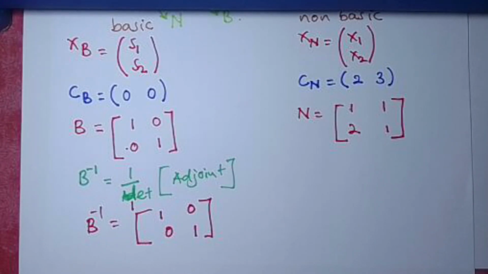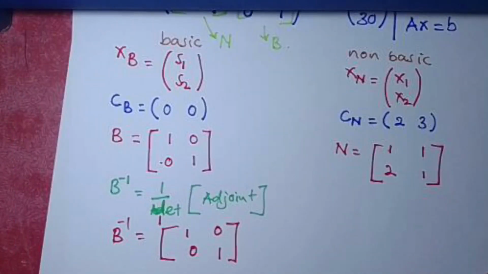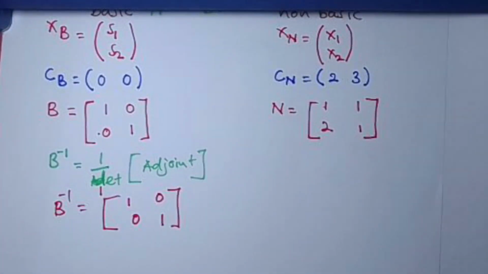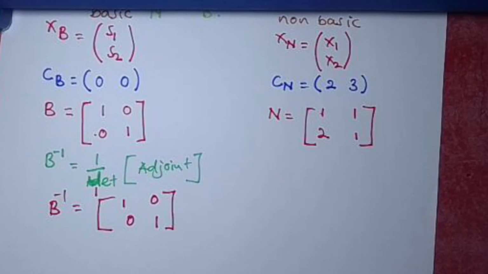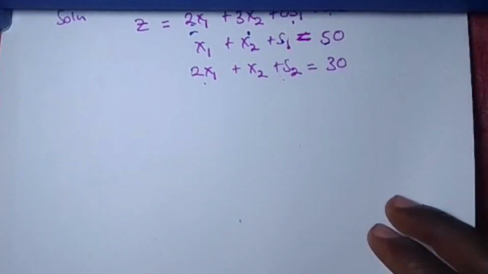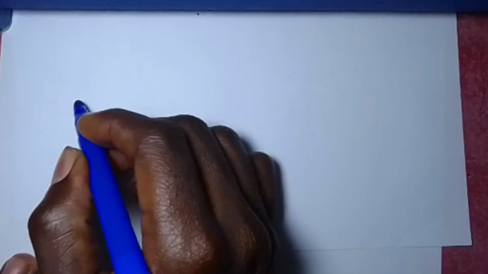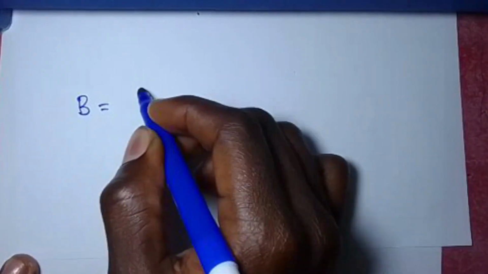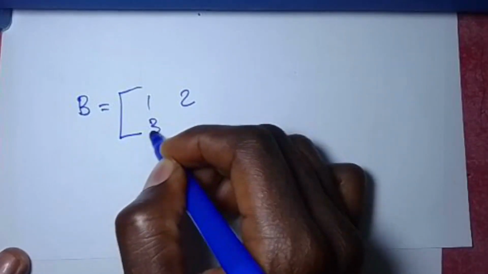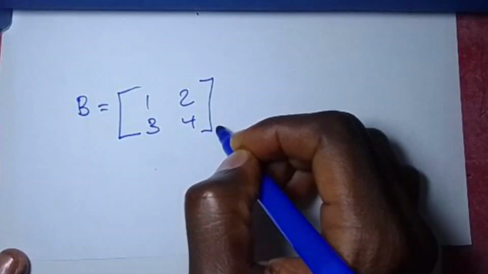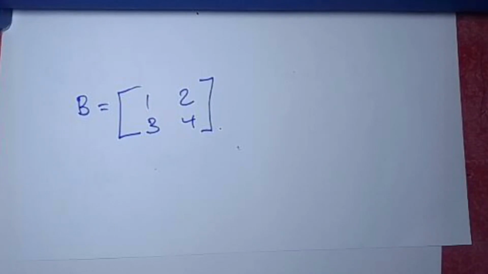But simply, for the sake of explanation, suppose on a particular day they provide us with an expression whereby, hypothetically speaking, our B is equal to 1, 2, let me say 3 and 4, and they want us to get the inverse matrix for this.